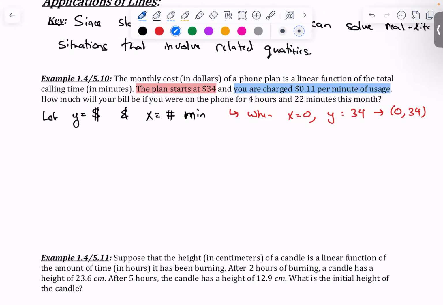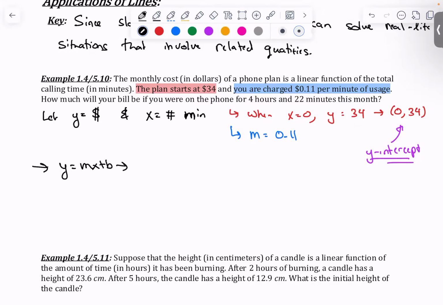So you are charged 11 cents per minute of usage. That tells us that m is equal to 0.11. And in particular, that's a y-intercept. So we actually have the formula already done for us. We have y is equal to mx plus b.